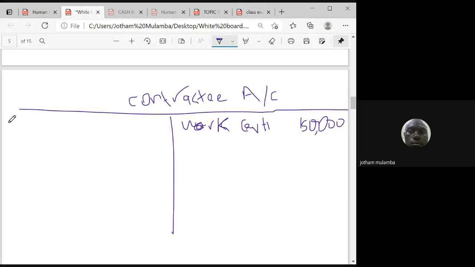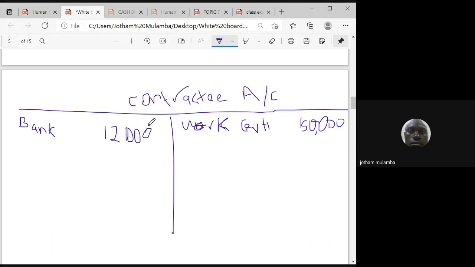So we record here that he could have been paid that much, perhaps through the bank. It's 126. Remember the three zeros we had put up there, so we write 126,000.